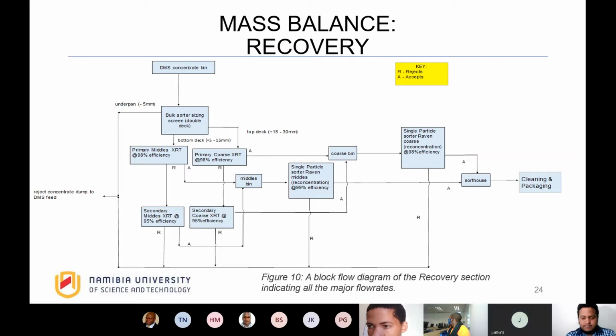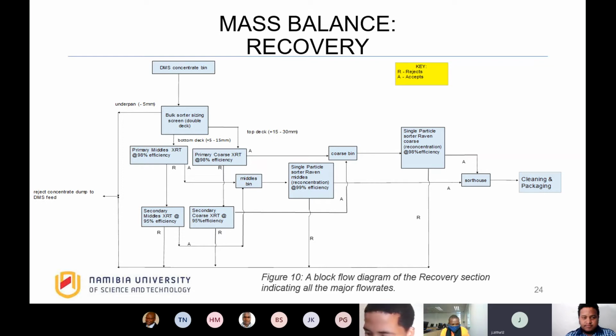Okay. Like I said, we have our coarse machines, which will operate with a size of about plus 15 to minus 30 millimeters. We then have our middles machine, which operates at a size of plus 5 to minus 15 millimeters. The underpin of that double deck screen contains material of minus 5 millimeters, which will join the reject streams from your secondary middles and secondary coarse machines, as well as your reconcentration machines, the single particle sorters.